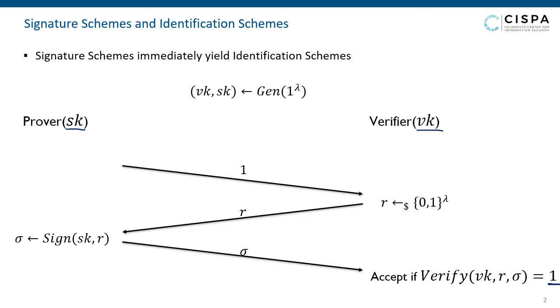It follows routinely that if the signature scheme is EUF-CMA secure, then this identification scheme is also secure. We didn't give the security of identification schemes a specific name, but yes, this identification scheme will be secure.